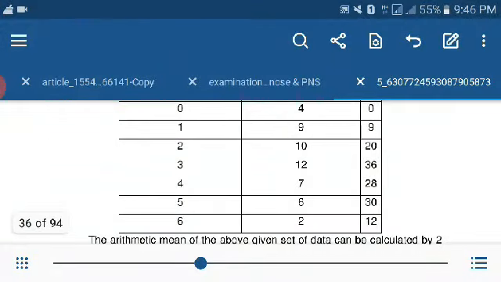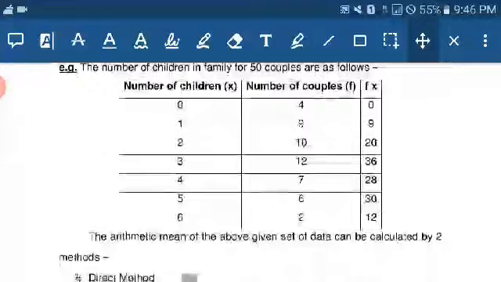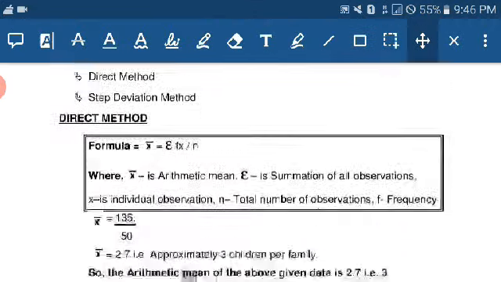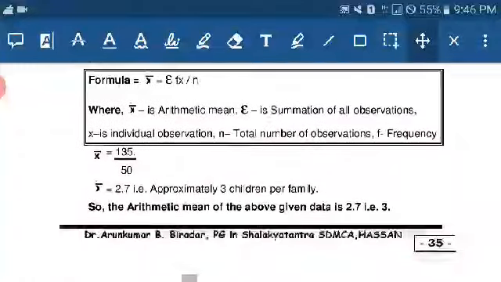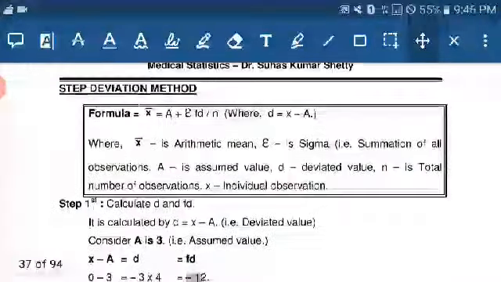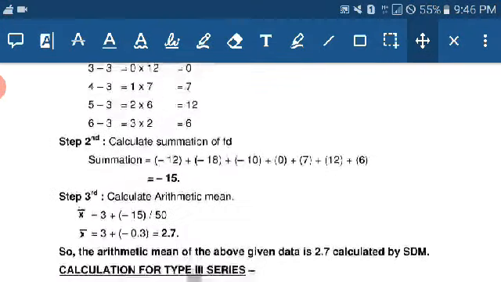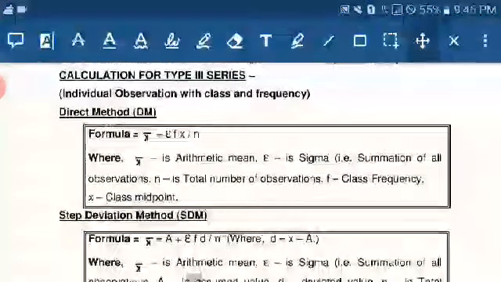These are the examples. You can see how it is done by the direct method and the step deviation method. You can do the other examples also. We should only remember the formula.